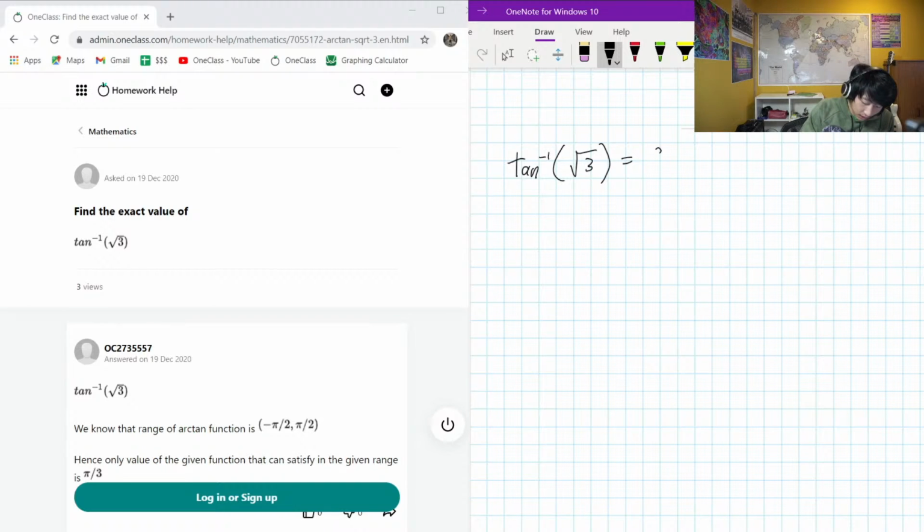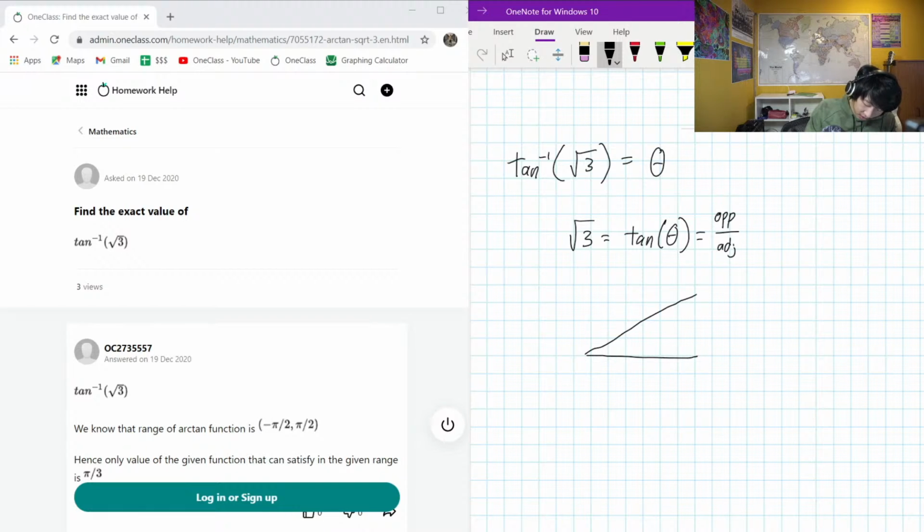Let's just say that this is equal to theta, because if we take the tan of both sides, we get root 3 is equal to tan theta. And we know that tan theta from our SOHCAHTOA has to be opposite over adjacent.